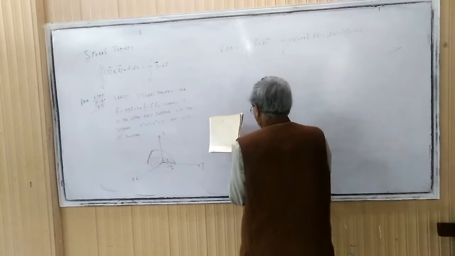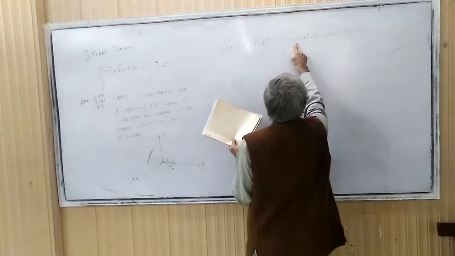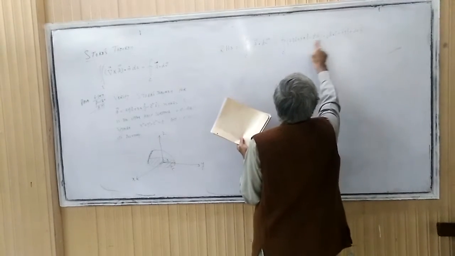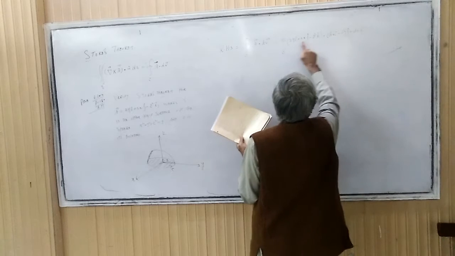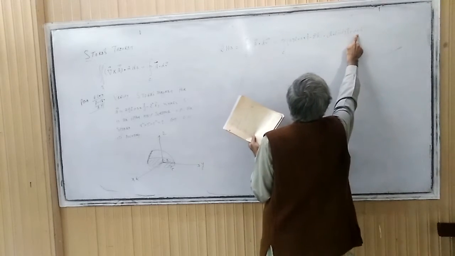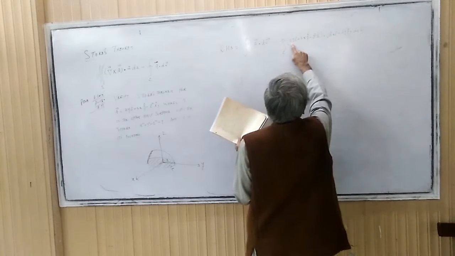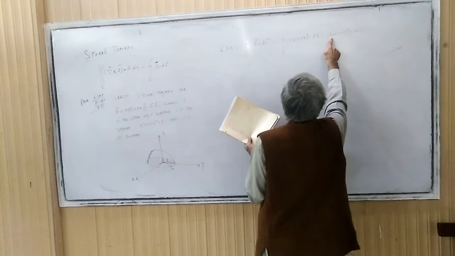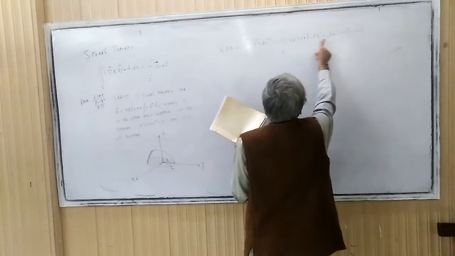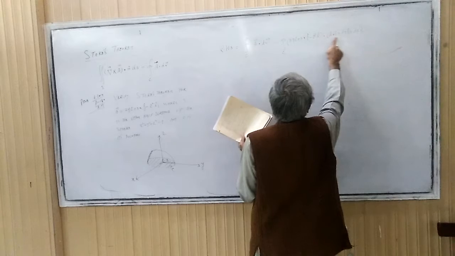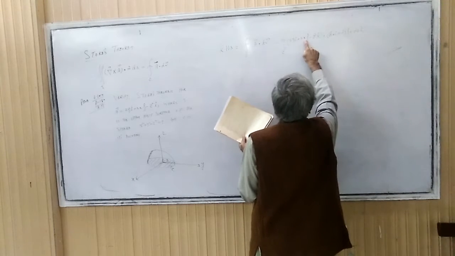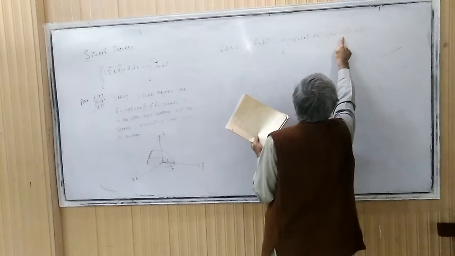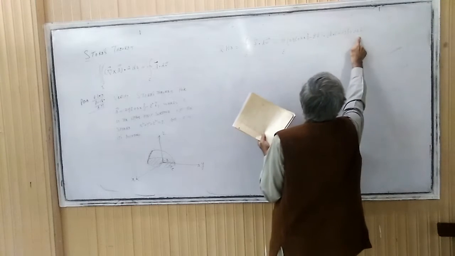Now what will happen? i dot i is 1, i dot j is 0, i dot k is 0, so you will be having 2y into dx. Then j dot i is 0, j dot j is 1, so you will be having 3x into dy, and similarly j dot k is 0.